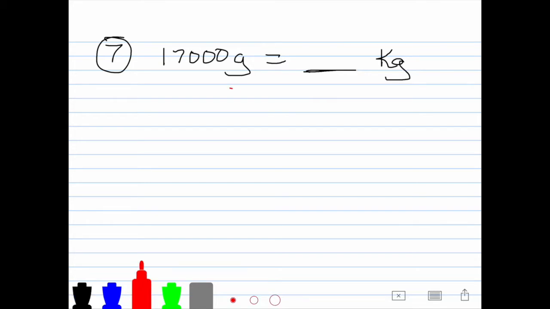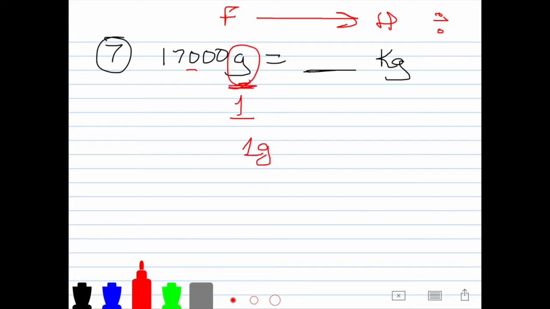Okay, well, we know grams is our 1 unit, so I also know that grams are much smaller than kilograms. So fly to horse, we divide, of course. And if 1 gram equals what?